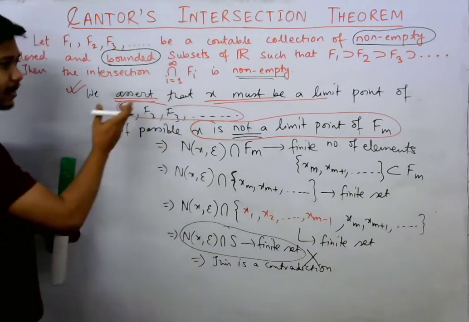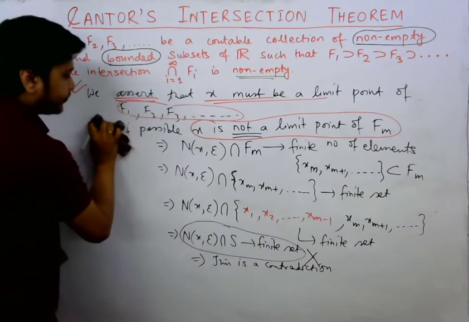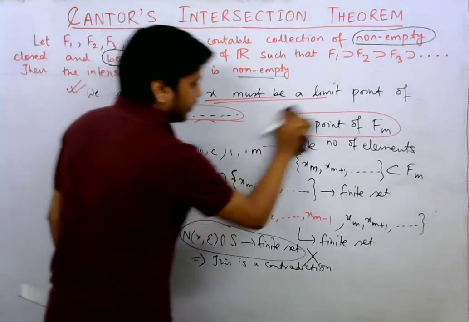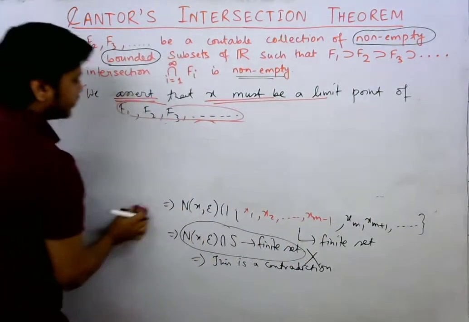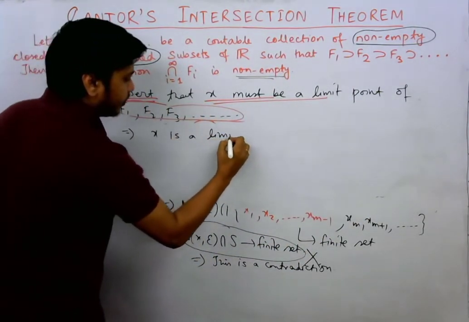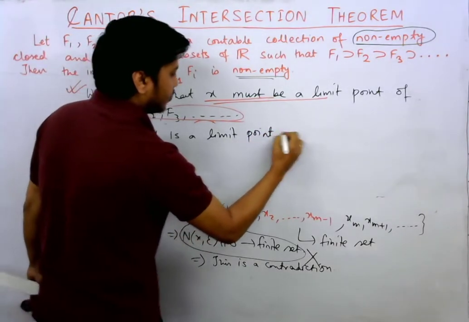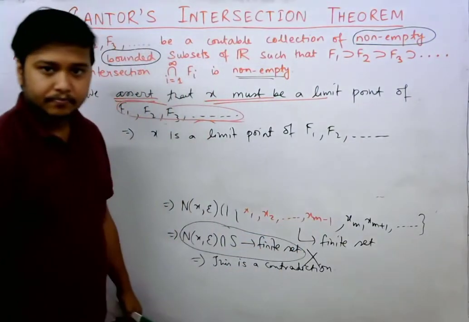So now again I'll come back to my assertion and I'll continue from here. So that means I have got that x is a limit point of F1, F2, dot dot dot, infinitely.